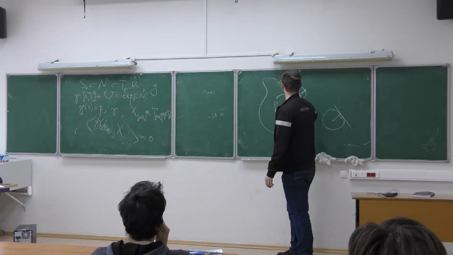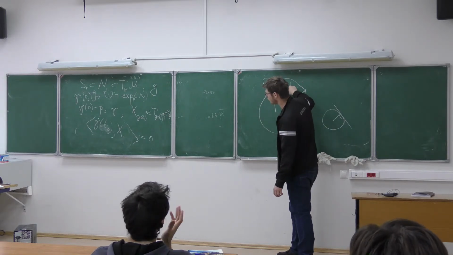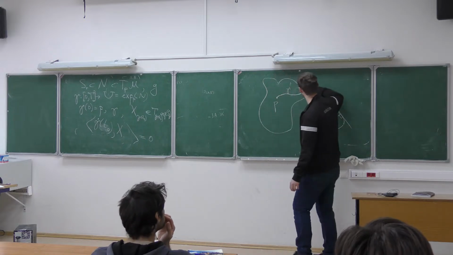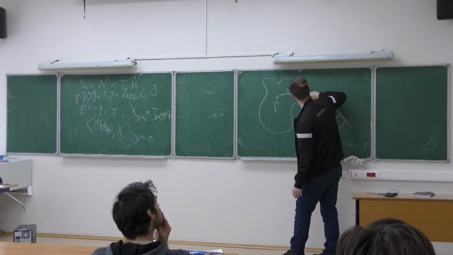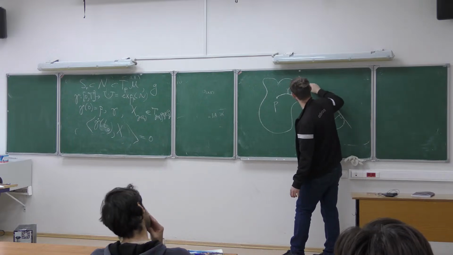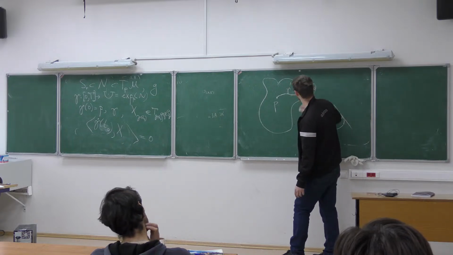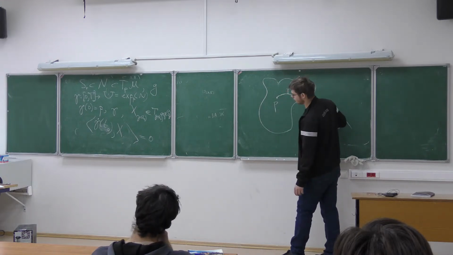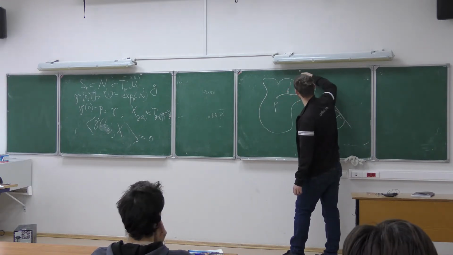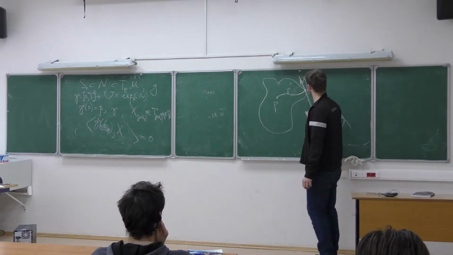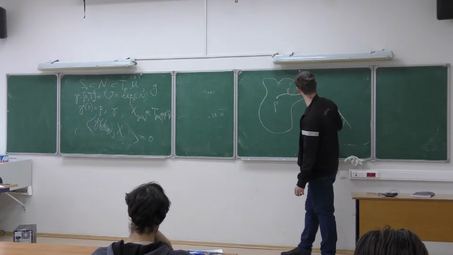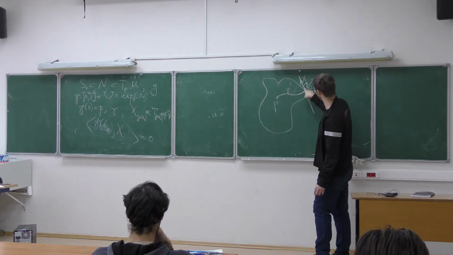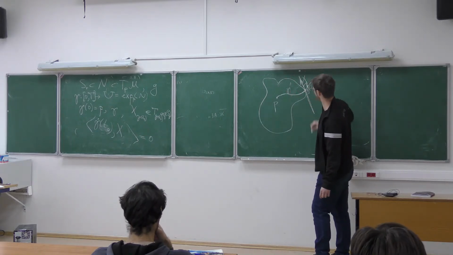Well, okay, we have a geodesic gamma, and we need to show that, okay, this is some gamma naught, and we prove that, well, you have to believe me that this is the right angle.